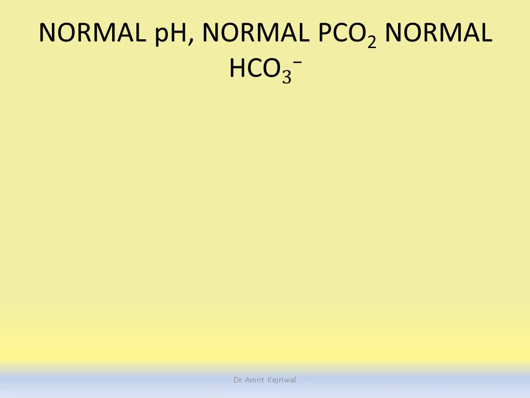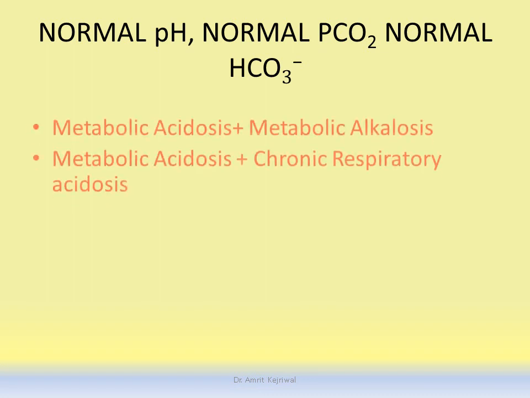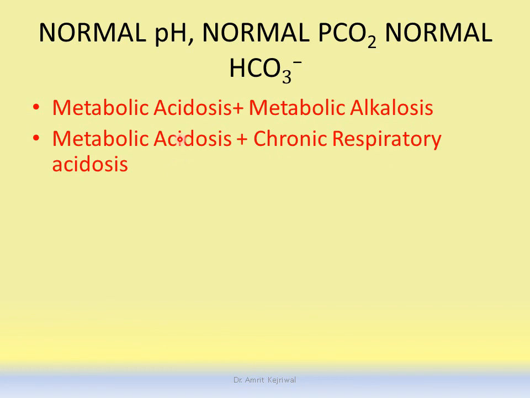Now many times when we do the ABGs, we get a normal pH, normal PCO2 and normal bicarb, but the patient is having symptoms of abnormal mental status. Now just think of a condition in which a patient has metabolic acidosis plus metabolic alkalosis.